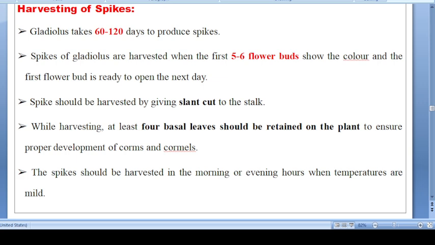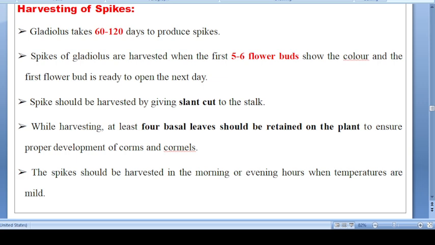While harvesting also we have to look at cutting. How to cut the spikes, we have to give the slant cut. That is one important thing we have to follow while harvesting the gladiolus flower. After giving the slant cut, we have to keep it in any germicide or waste solution.